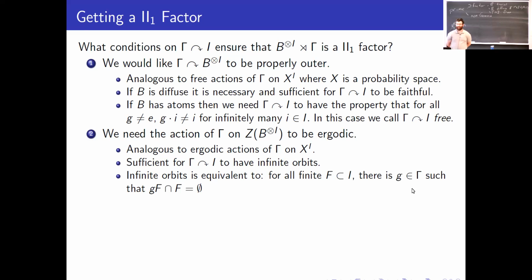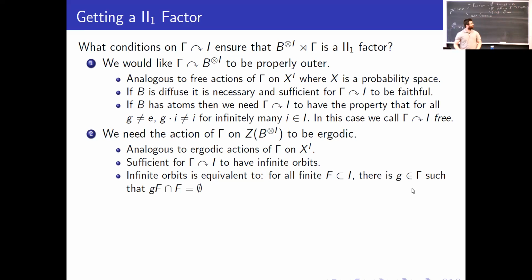No, so these together give you a 2-1 factor. So for 2-1, basically all you need is B to be tracial, and the cross product will have a trace. And the fact that it's type 2 is just an infinite dimensional thing for us. So B being tracial is all, so this is for 2-1.